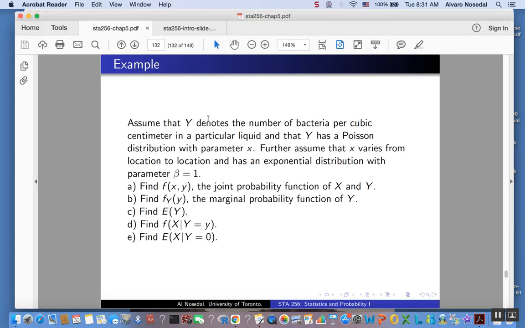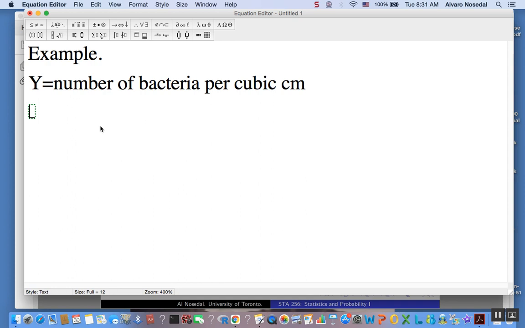Now, it turns out that y has a Poisson distribution with parameter x. So what we have here is f of y given x.